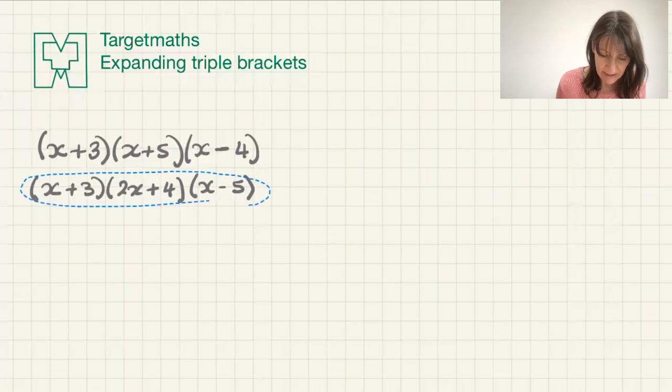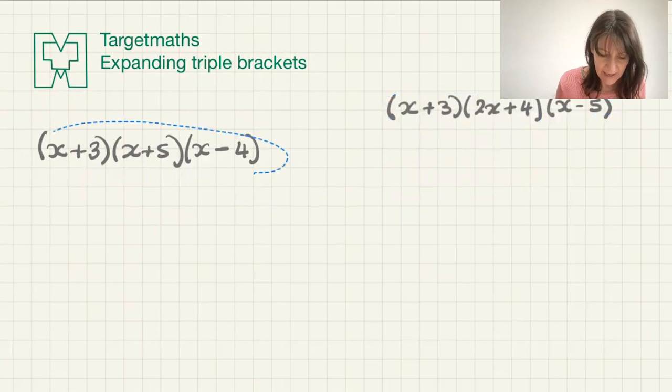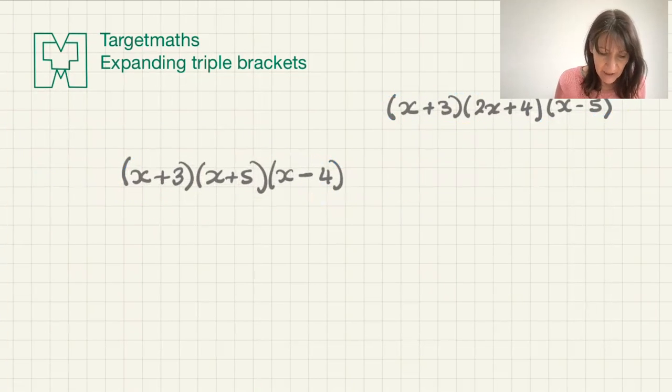So I'm just going to pick that one up, move it out of the way, bring that one down. What we're going to do is use what we already know, which is how to expand double brackets. So I'm literally going to ignore that third one, and I'm going to do my crab's claw to the first two.